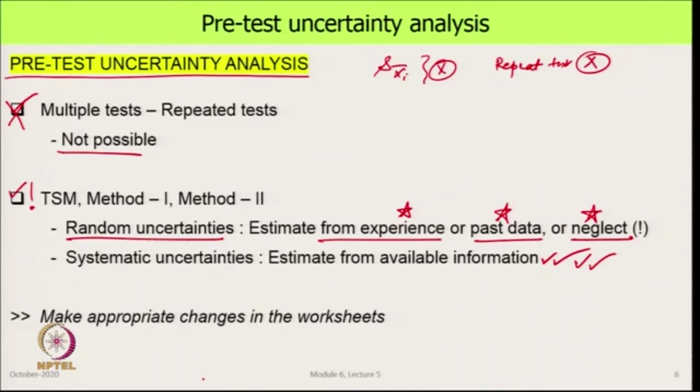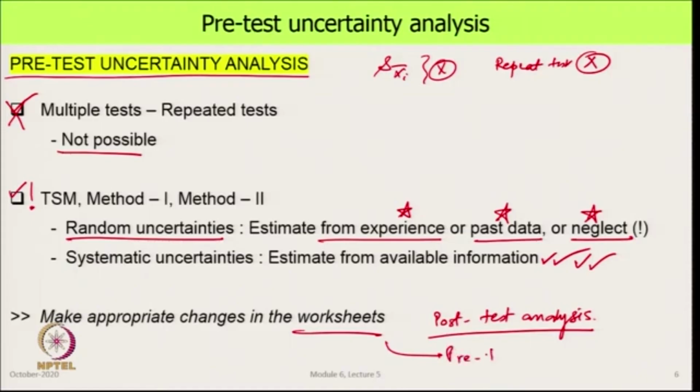So, what this tells us is that the worksheets that we will now see are fully applicable to the post-test scenario. Certain items will have to be modified if we are using them for the pre-test scenario, but the worksheets can be used as they are.